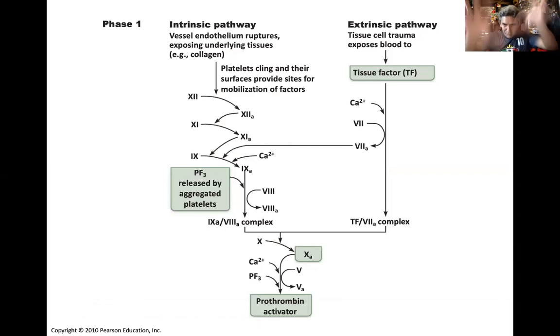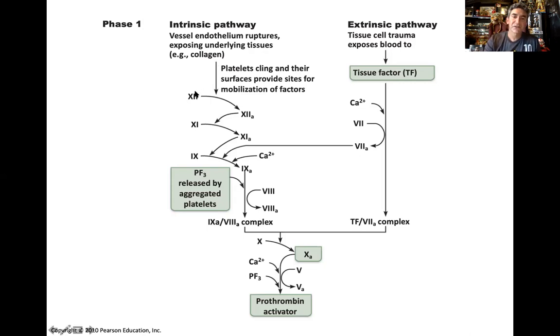To put everything in one messy slide here, right? Intrinsic pathway: we start with the vessel endothelium rupturing, exposing underlying tissues. So collagen becomes accessible to the plasma itself and triggers this reaction.